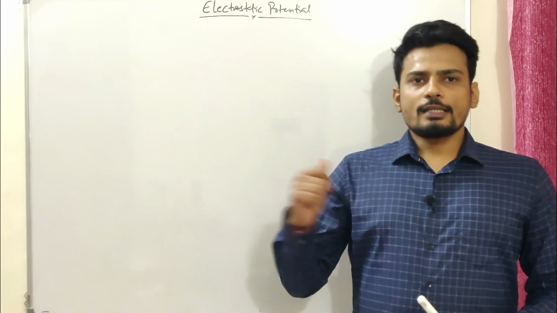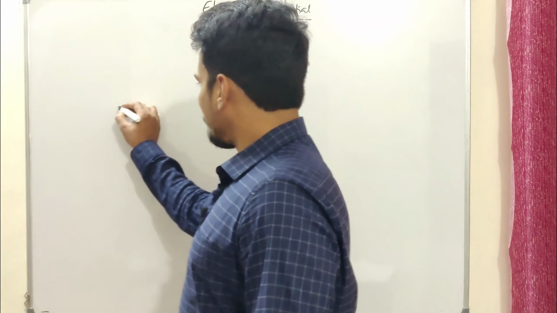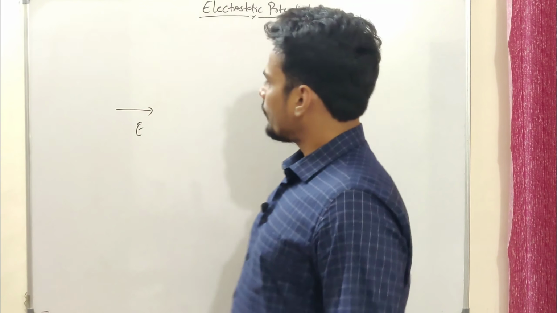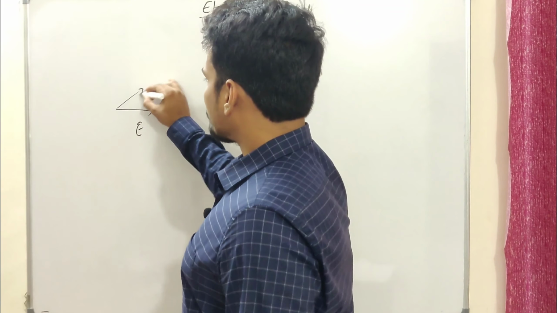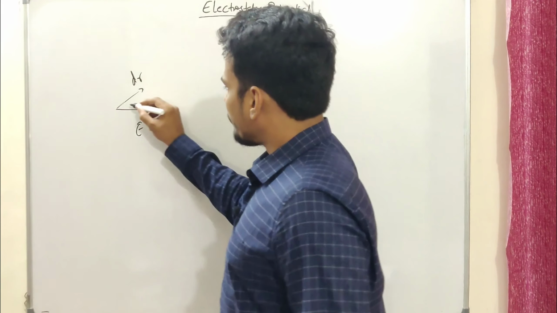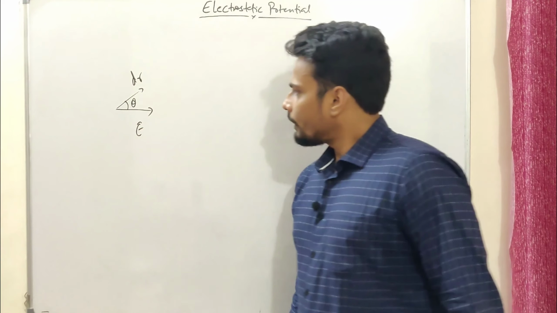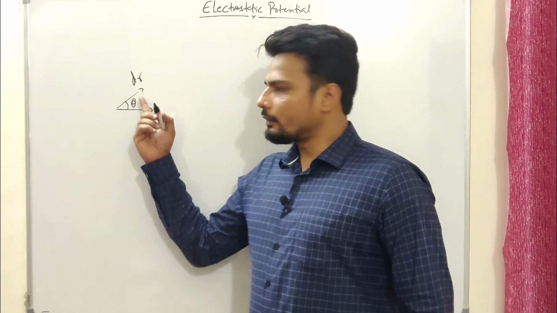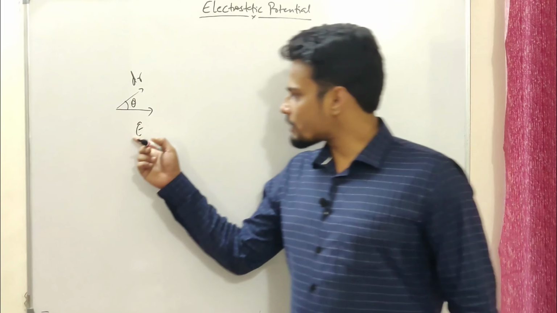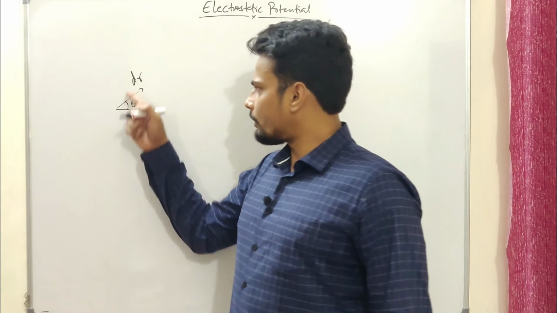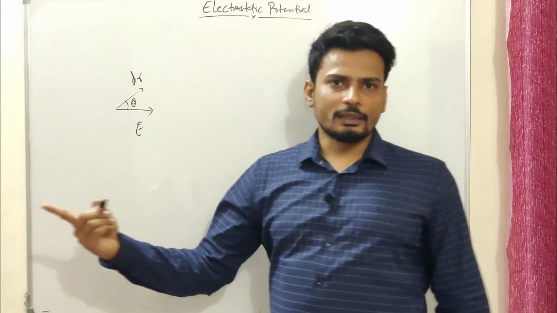Now let's see what happens if the electric field is along this direction, let's suppose, and the displacement of the charged particle is in this direction, making some angle theta. I should know this angle, of course, so we find the value of E along this, or maybe along this, simple as that.